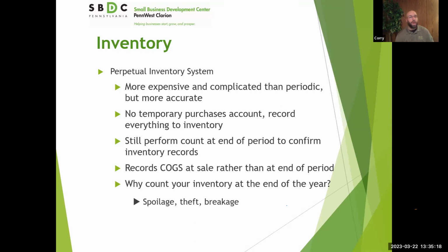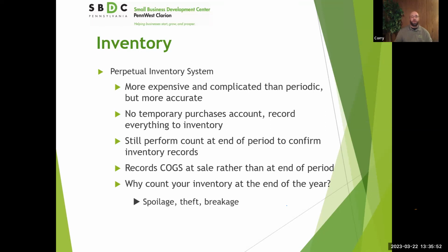So the reason why you would count your inventory at the end of the year is for the reasons at the bottom of your screen. They come up missing sometimes. That's called theft. Either your employees are taking it or the business owner is taking it. Now, you might not think of that as theft, because it's the owner taking those items, but at the same time, if they're just freely taking it and then you have to make an adjustment in your bookkeeping, which affects your taxes, it's still missing according to the government, so it's still theft.